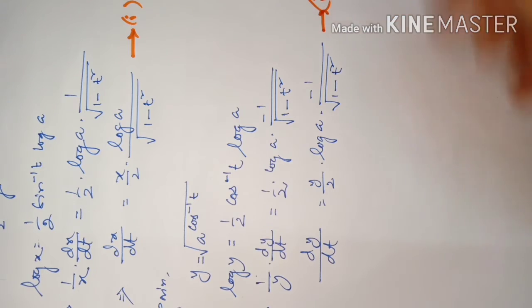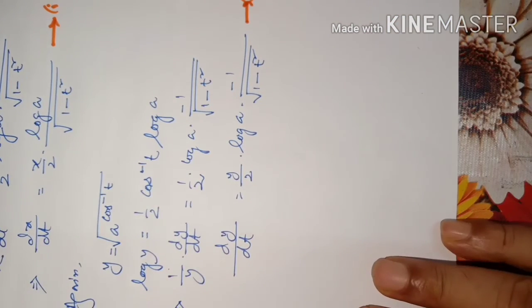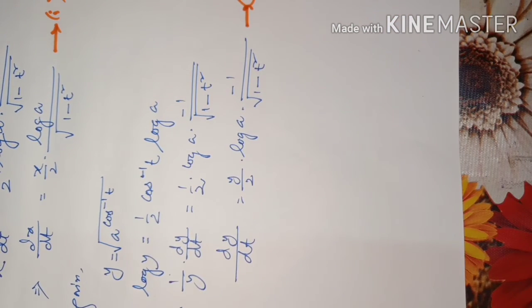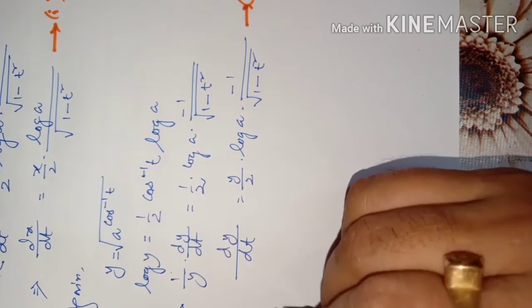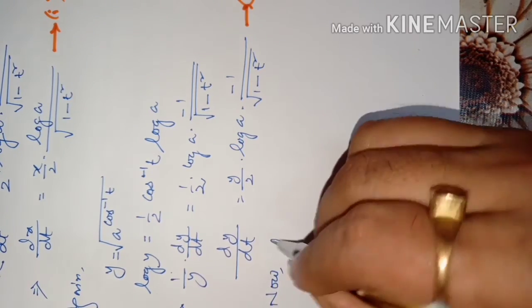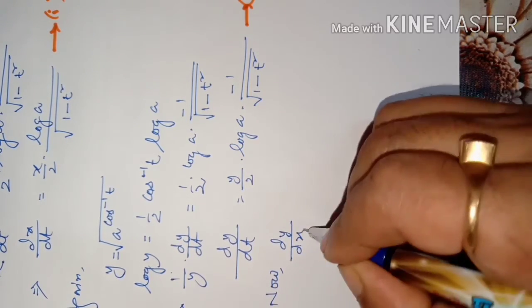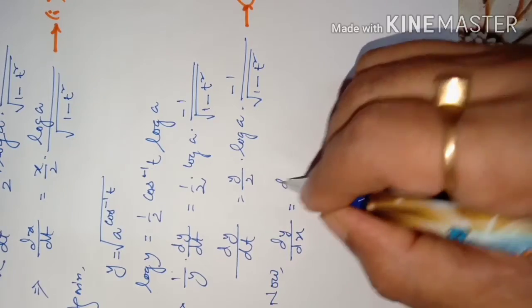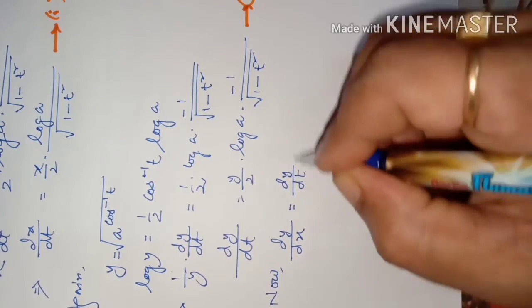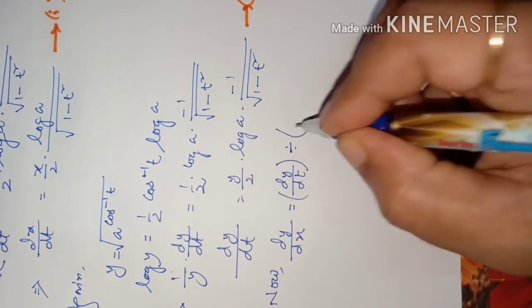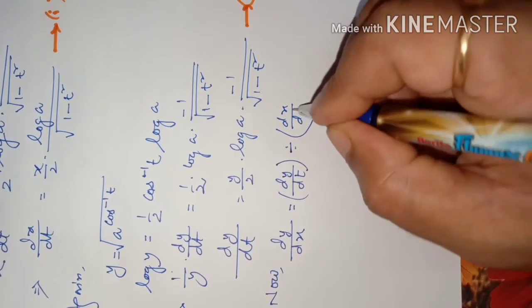Now the final thing will be dy by dx. For that, what you have to do, we'll write like this, dy by dx is equal to dy by dt divided by dx by dt.